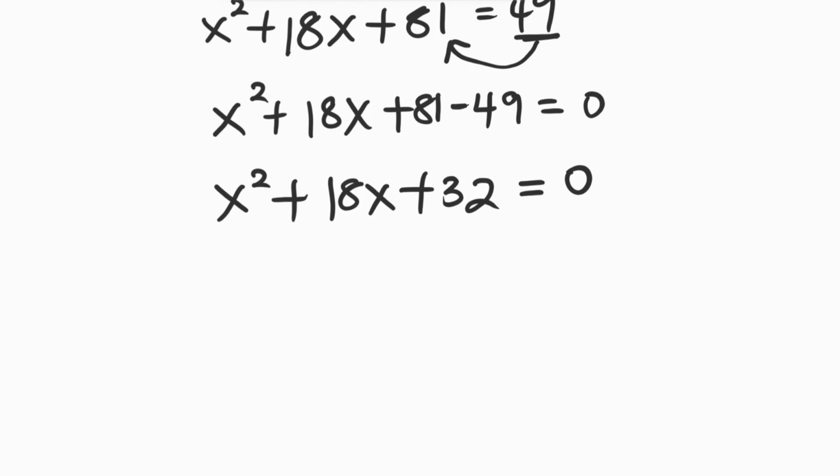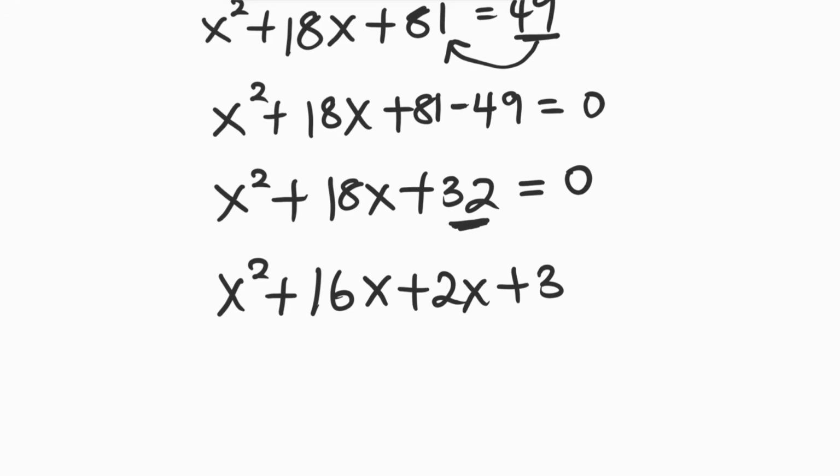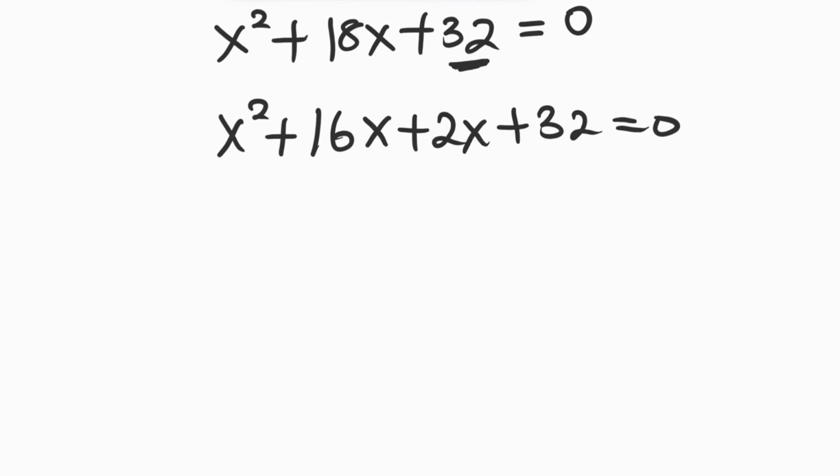Okay, so now what two numbers can we multiply that will give us 32, and when we add them up we'll get 18? So 32 is the same thing as 16 times 2, and if we add 16 and 2 we'll get 18. So 16 and 2. So now we have x squared plus 16x plus 2x plus 32 equals 0.